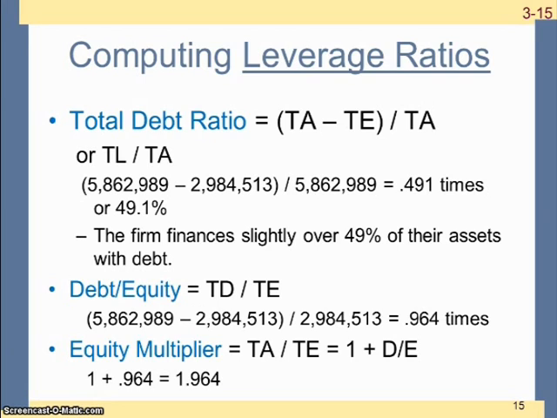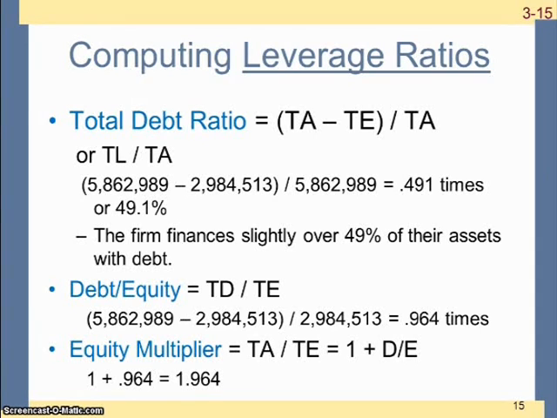Equity multiplier. The formula for equity multiplier is total assets divided by stockholders' equity, or 1 plus debt equity ratio. This ratio shows the company's total assets per dollar of stockholders' equity.